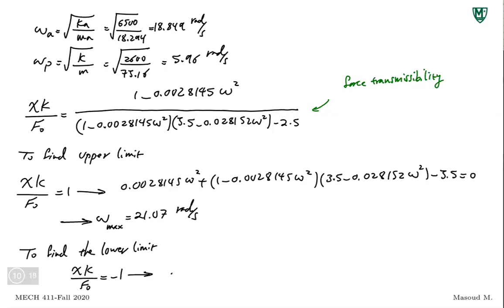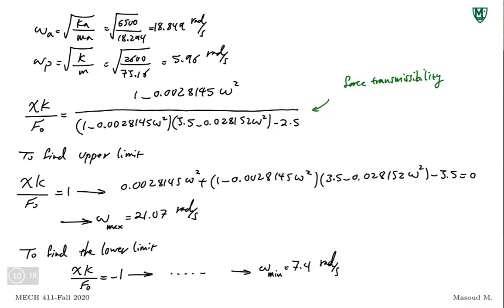I don't write the equation there, but all you got to do is take this at the top and make it equal to -1, and then multiply both sides and move things around. You'll get the relationship. If you do that, the minimum positive value would be 7.4, in radian per second.